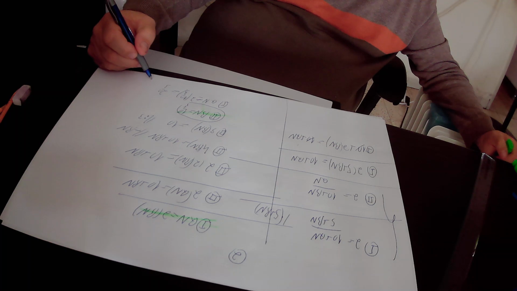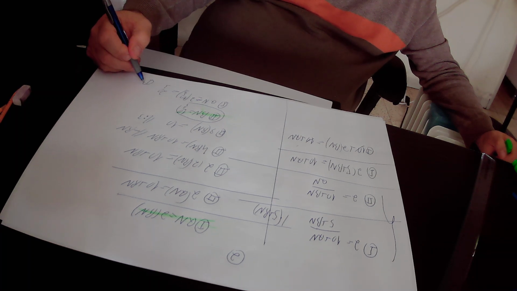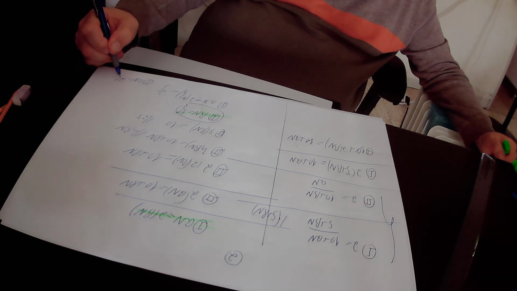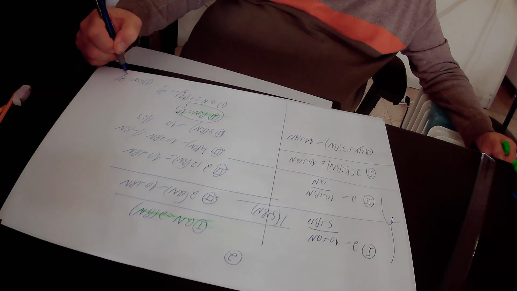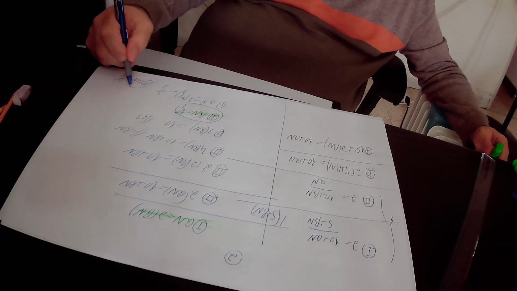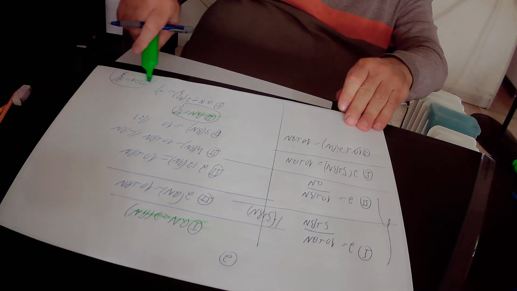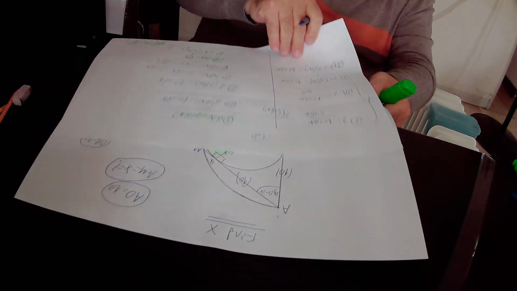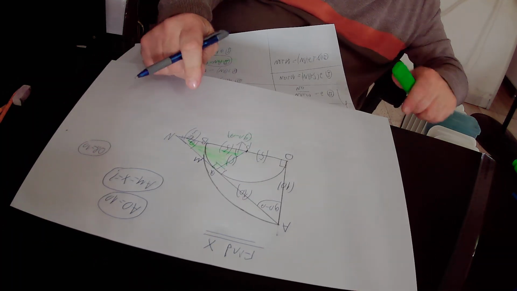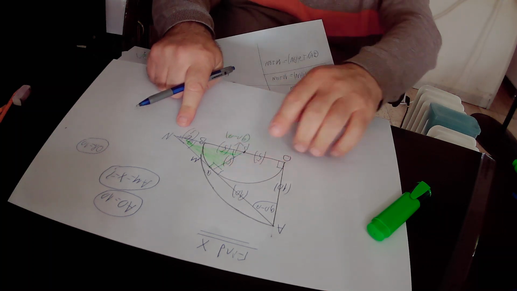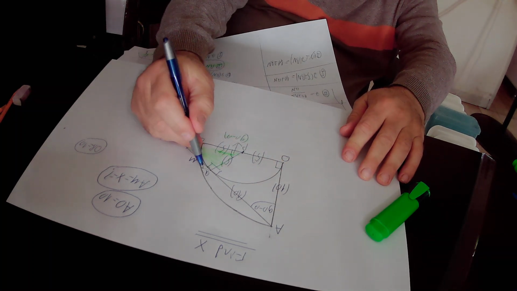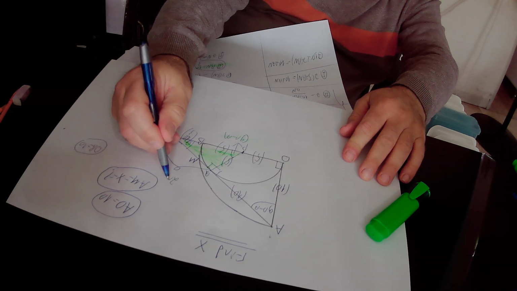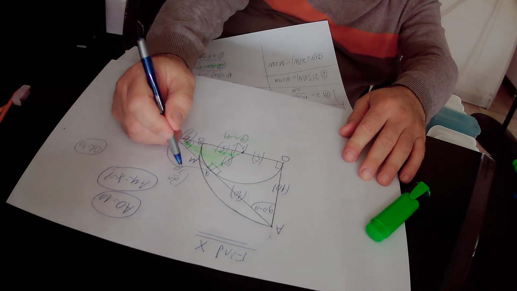In conclusion, we found out that Qn equals 20 over 3 units, so you can write down in the original drawing that this line segment Qn equals 20 over 3 units.